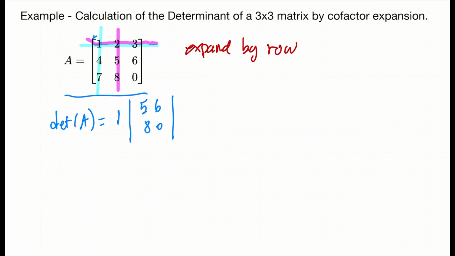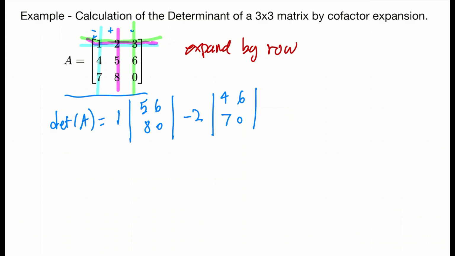Now let's get the 2x2 determinant there. This time we're going to have to use a -2 because it's in the minus position in the plus, minus, plus pattern of the cofactor. So the determinant there is going to be 4, 6, 7, 0. And now the last one, the top row again, this time it's the last column.